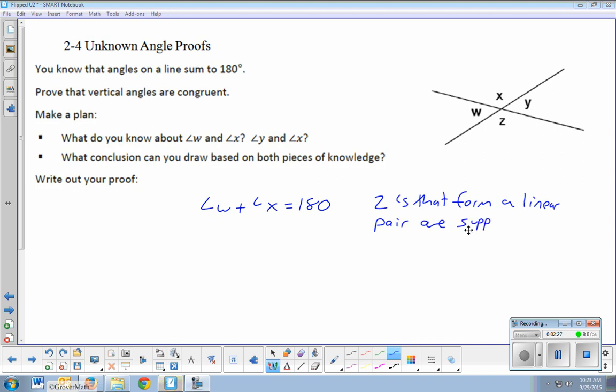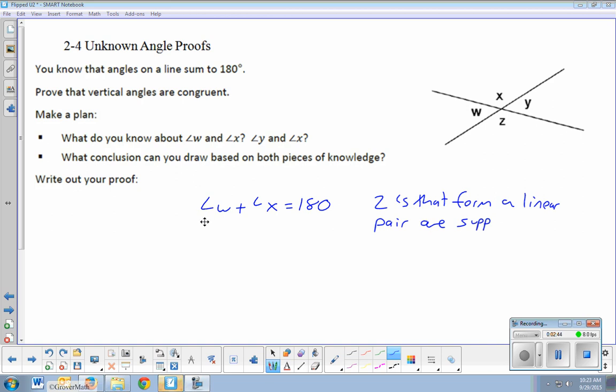Is that the only way to say that? No, you could probably say something like collinear adjacent, but it has to be two angles that form a straight line, or two angles that form a straight line are supplementary. So something like that.